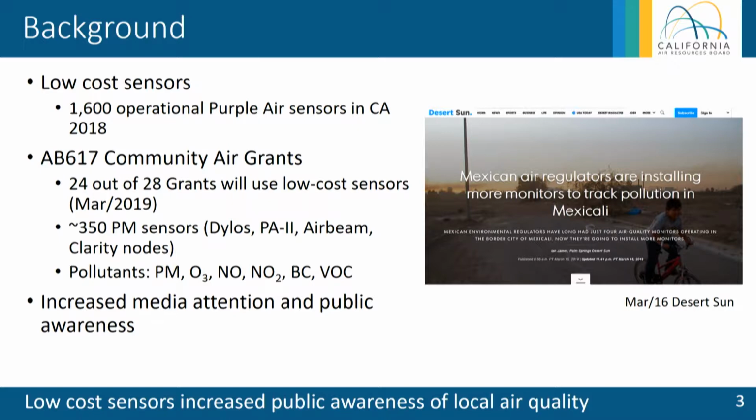And here's another example on the right-hand side. There's an article from a website where they'd like to install some low-cost sensors to track the air quality in Mexicali. These are good examples of the increasing awareness of local air quality and the use of low-cost sensors.